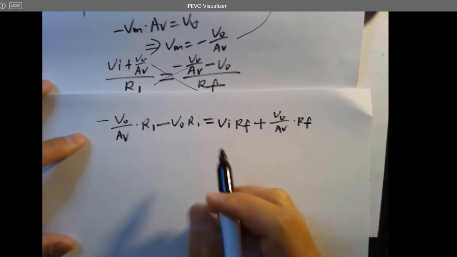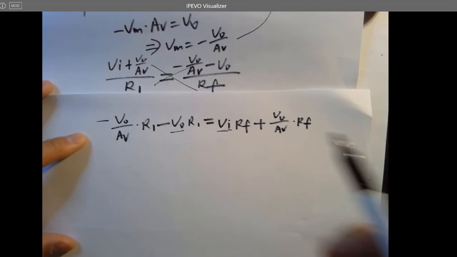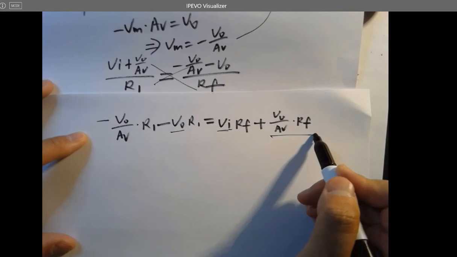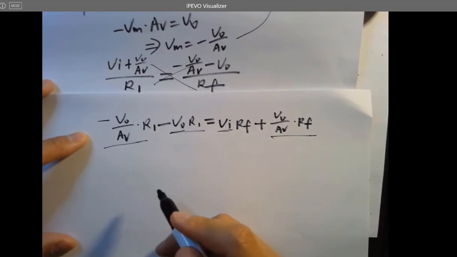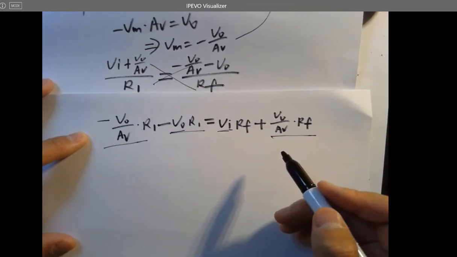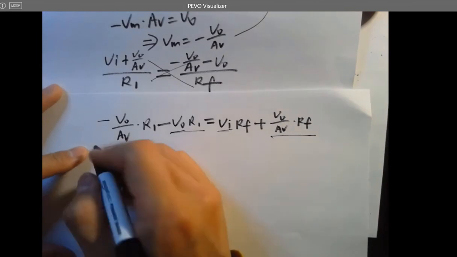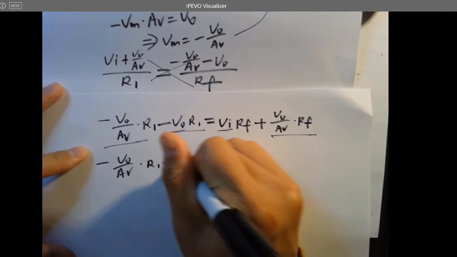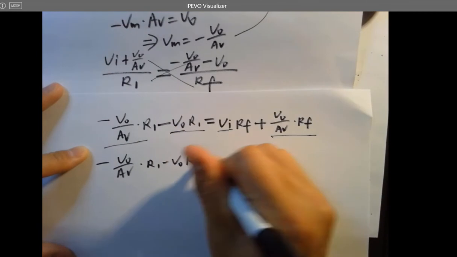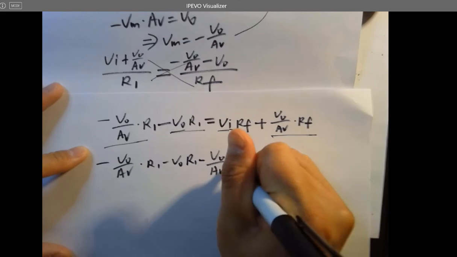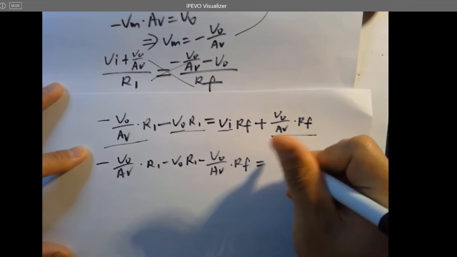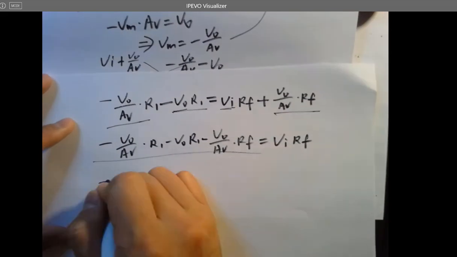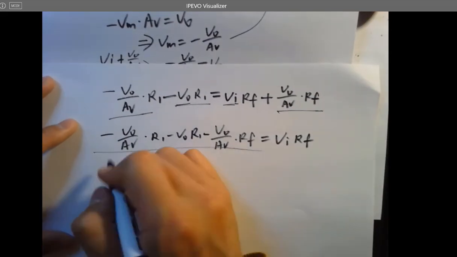So keep in mind, the purpose is to get Vo over Vi, which is the voltage gain. And we have over here three terms that have Vo, so we want to move them together to one side. So minus Vo over AV times R1 minus Vo times R1 minus Vo over AV times Rf equals Vi Rf. And combine this together: you take this minus sign out and take Vo out.